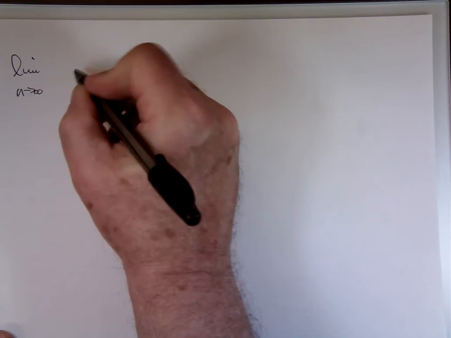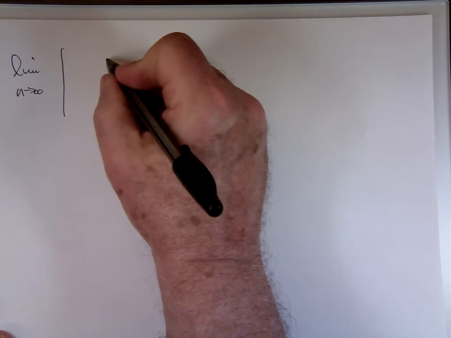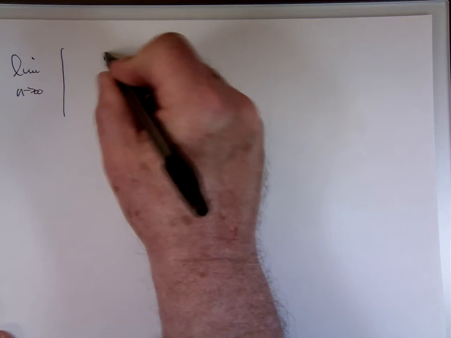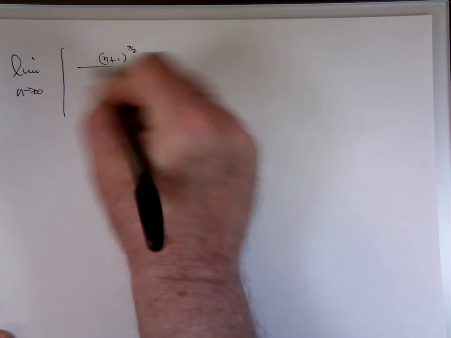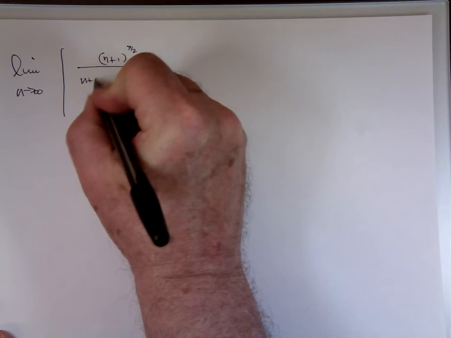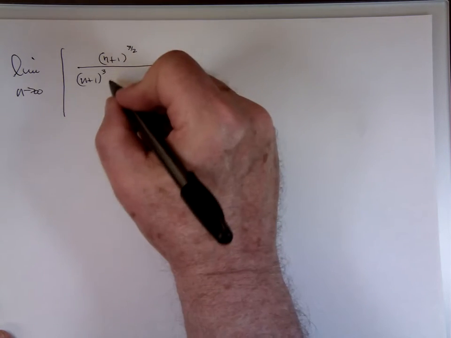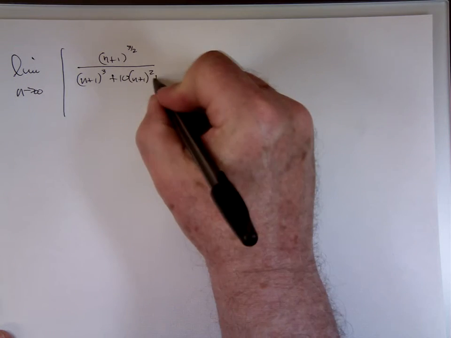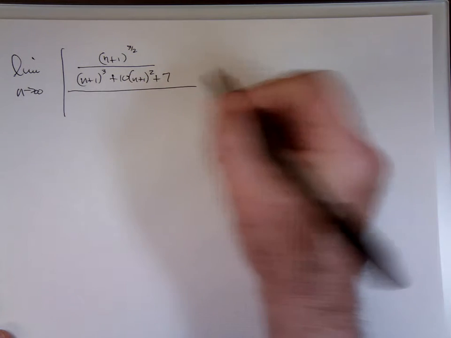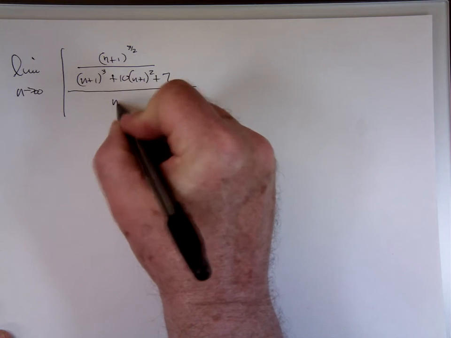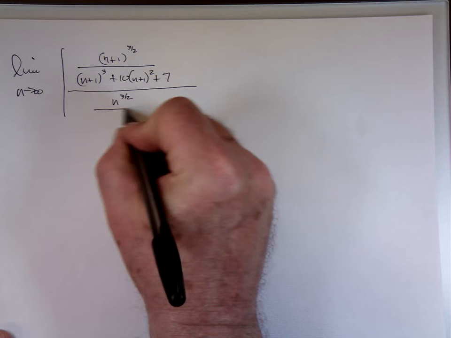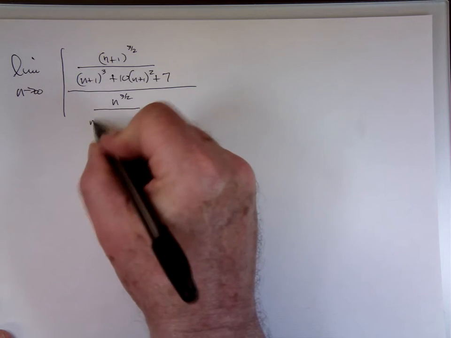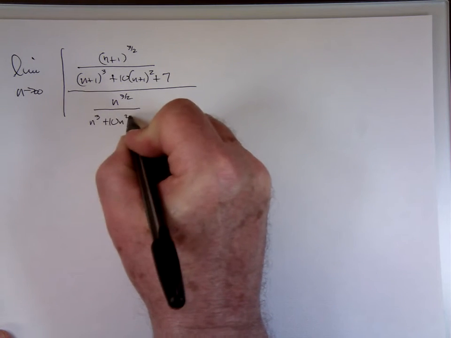Take the limit as n goes to infinity of the absolute value of (n plus 1) to the 3 halves over (n plus 1) cubed plus 10 (n plus 1) squared plus 7, that's the (n plus 1)st term, divided by the nth term: n to the 3 halves over n cubed plus 10n squared plus 7.